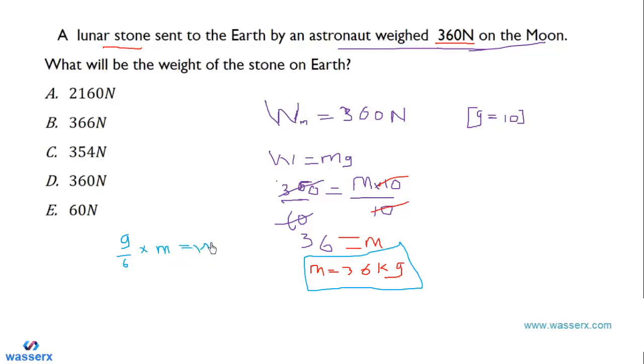We got the weight to be equal to 360 Newton on the Moon. So what we have to do now is substitute this 360 Newton. We know that is the weight of the object on the Moon, so that is equal to 360 Newton.